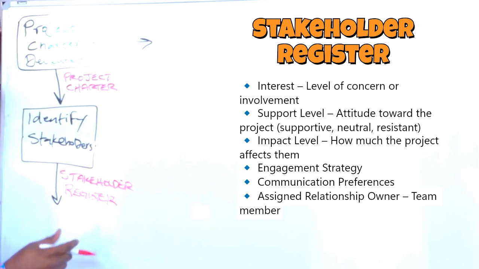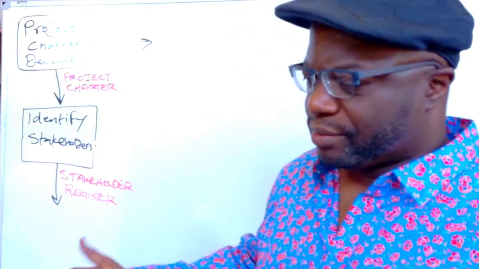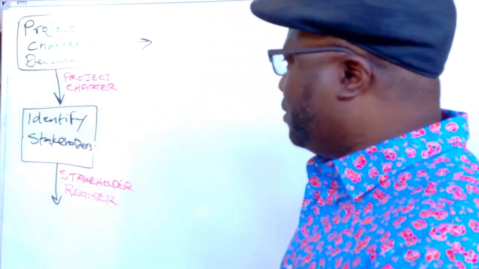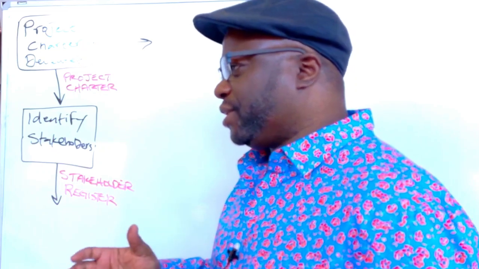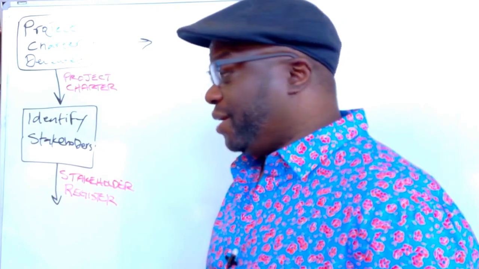Your stakeholder register contains information that identifies stakeholders, and you also do some analysis regarding these stakeholders. This is a pivotal step in project management when we develop the project charter, because the project charter gives us a vision of what exactly is being done and why.